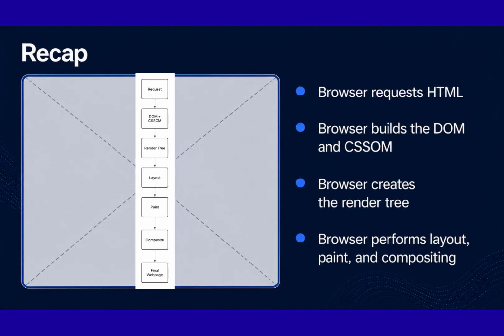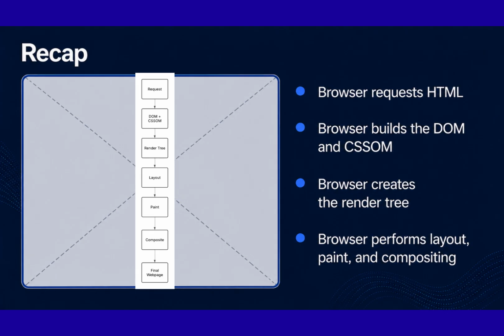So far, we've followed the entire rendering pipeline. The browser requested the page. It parsed HTML into the DOM. It parsed CSS into the CSSOM. It combined the DOM and the CSSOM into the render tree. Then it calculated layout, painted pixels, and composited the final page.